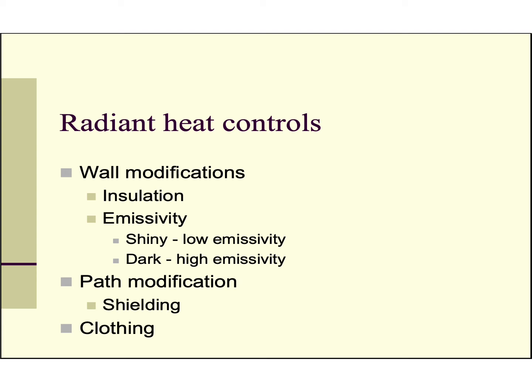We can also modify the path between the person and the hot surface with some sort of a shield. Very often a sort of mesh shield is used that will absorb a lot of the radiant heat while still allowing air to flow through. And then lastly, we have clothing, which can shield the person in that sort of way also.